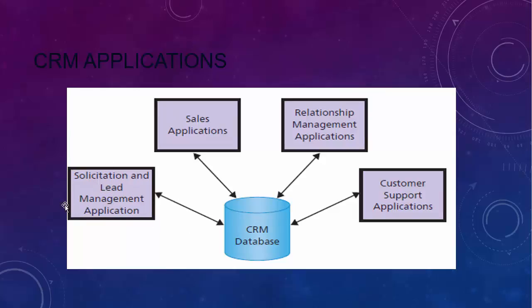So, our initial solicitation management applications, any kind of sales we have, any kind of relationship management, any kind of customer support. So all of that information is there. It can be shared with any other application and the people that are using those in order to keep that customer, or if that customer decides to leave or go elsewhere, to help win them back.